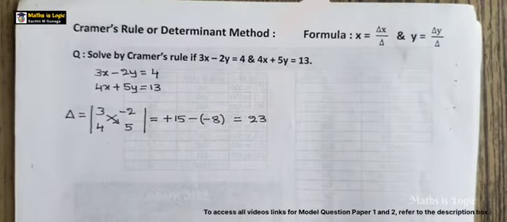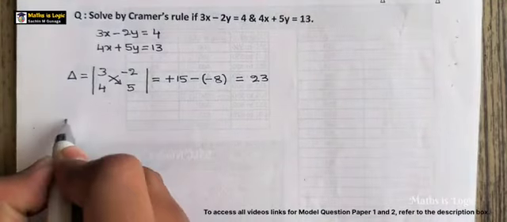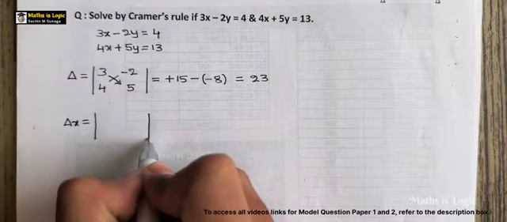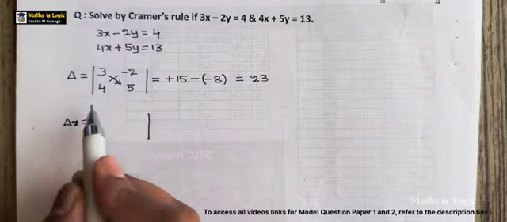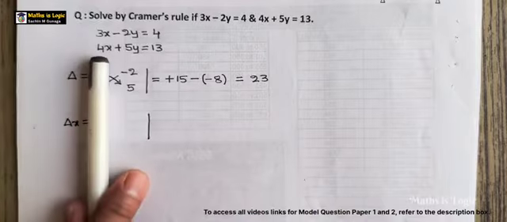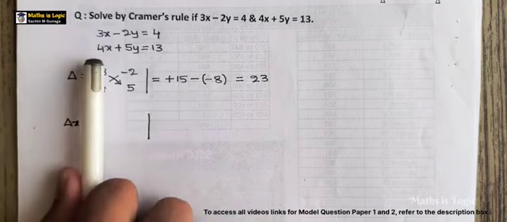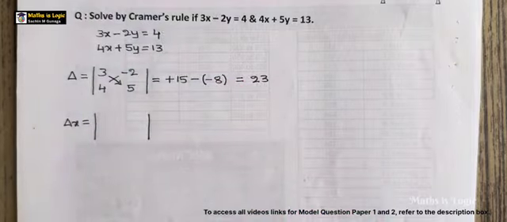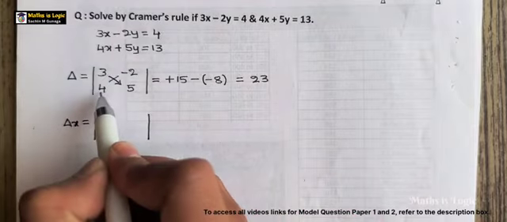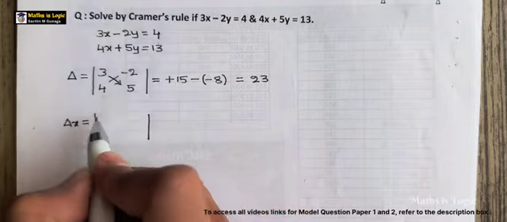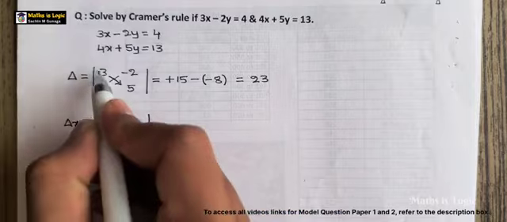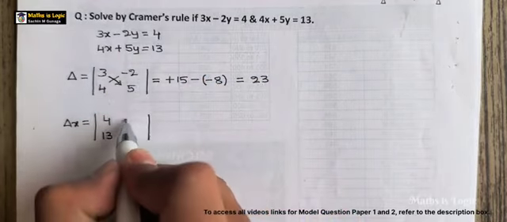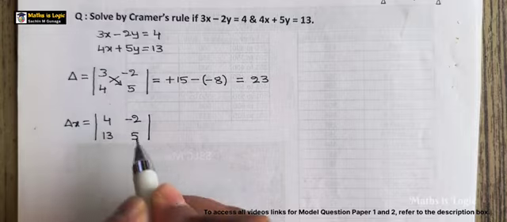Once you get the delta value, next we find delta x, again in determinant form. In delta, the first column is replaced by the two constant terms. That is, instead of 3 and 4, write 4 and 13. Keep the second column as it is, -2 and 5.